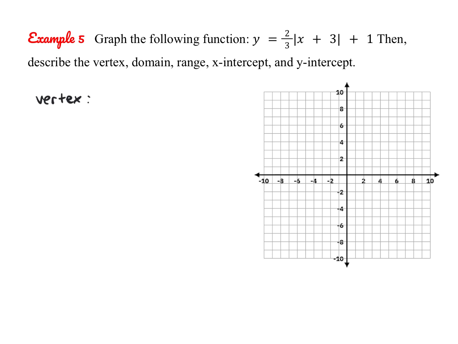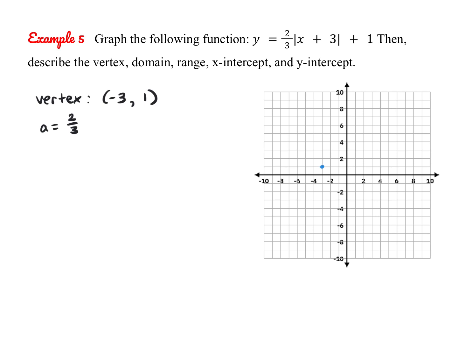So our vertex, again, is in that vertex form, a times the absolute value of x minus h, plus k. Since this says positive 3, I know that the x value of my vertex will actually be opposite, so negative 3. The y value will always be the same, so positive 1. And then my a value is 2/3, which will be the slope to the right of my vertex. So I start at my vertex, again, negative 3, 1.